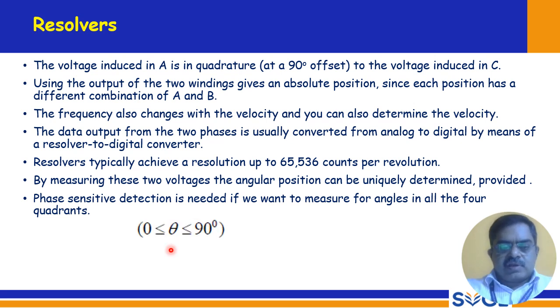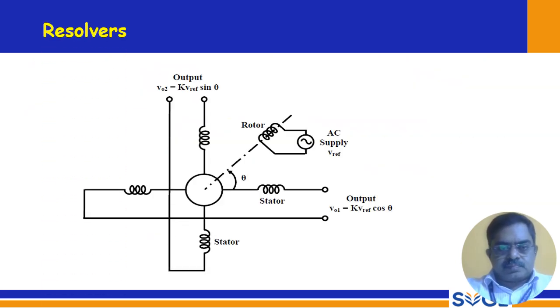Here theta is less than 0, or theta is greater than 0 and less than 90 degrees. That is the angle within which you can measure. You can see here, this is the stator and this is the rotor.